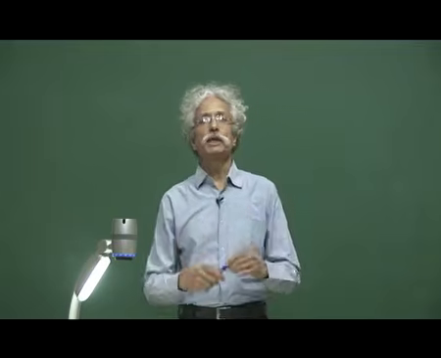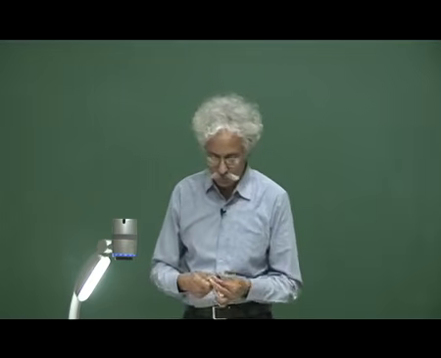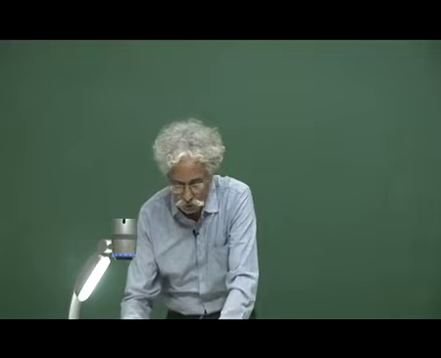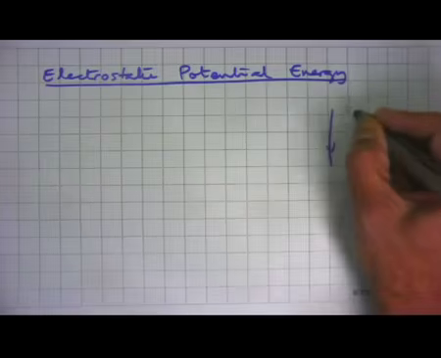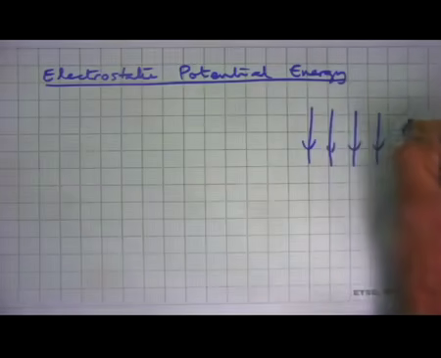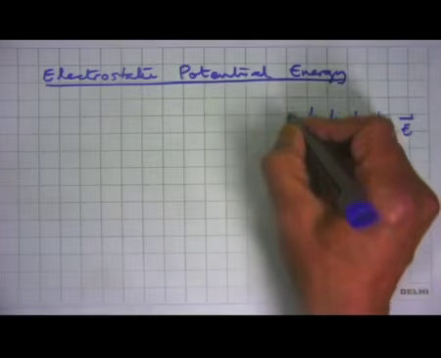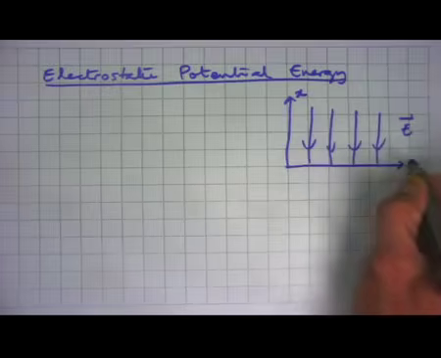We have a similar situation in electrostatics, where we can define an electrostatic potential energy. So, let me assume that there is a uniform electric field pointing downwards. Let me call this the x axis, and this is some axis which I call the z axis.